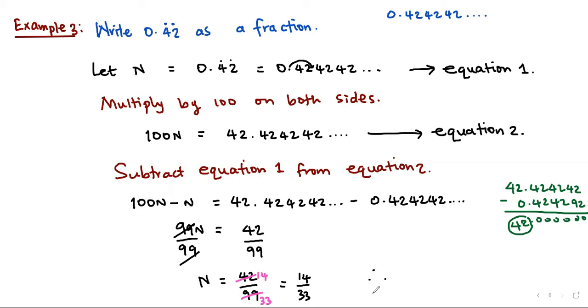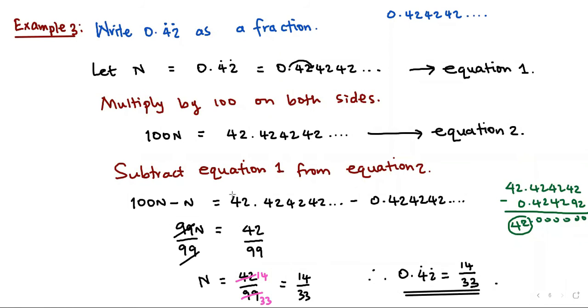So therefore, 0.42 repeating is equal to 14 out of 33. That is when it is written as a fraction. I hope that is understood.